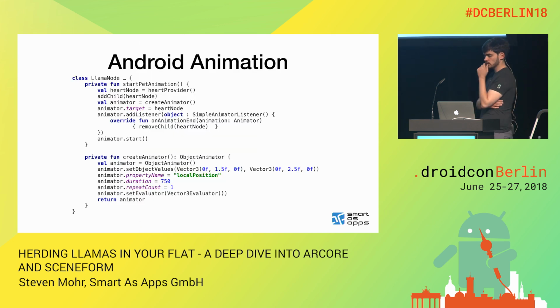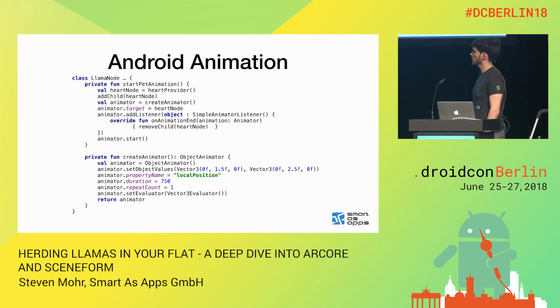For the first part, the going up and down part, we will use an object animator, like for any other Android animation. We set the values where it should animate from and where it should animate to. We say we want to animate the property local position, then duration and repeat count.